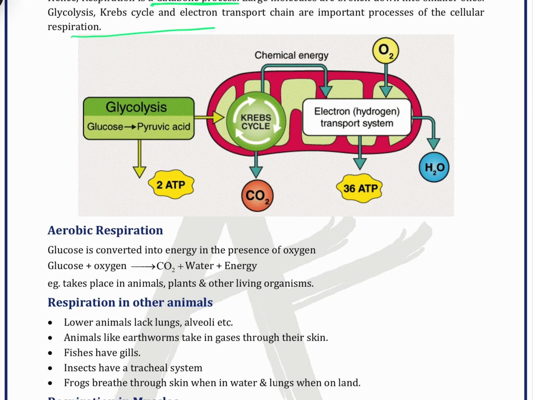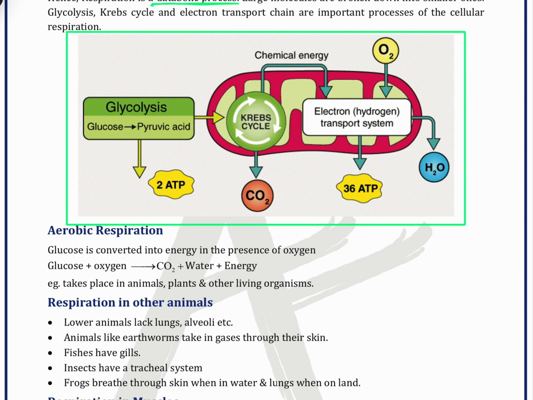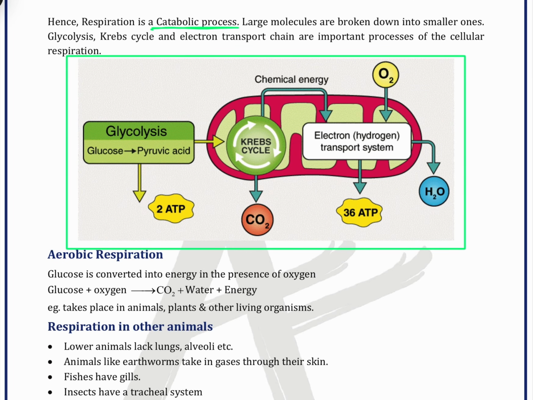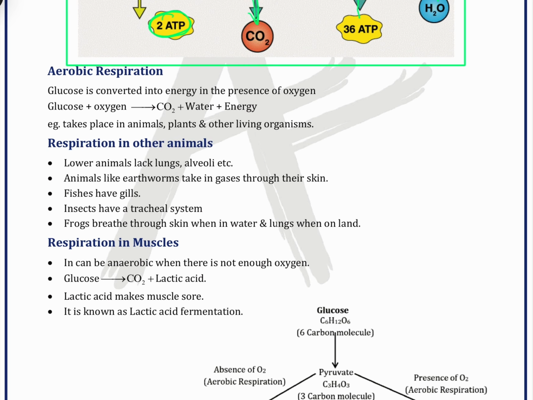With the help of this flowchart, we can understand this process very easily. This is glucose, a source of energy. We can see this is the Krebs cycle, with O2, ATP is released, water and CO2 are released, and this is ATP. It is energy. Aerobic respiration is where glucose is converted into energy in the presence of oxygen.